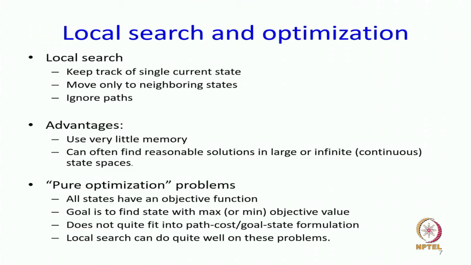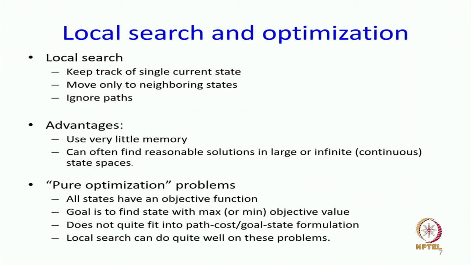You are searching in the local neighborhood. And what is local neighborhood? We will talk about it. The advantages of this procedure would be that it will use very little memory, and moreover it will scale really well in practice. Okay. No guarantees more often than not, but it will be able to find reasonable solutions in large or even infinite state spaces.